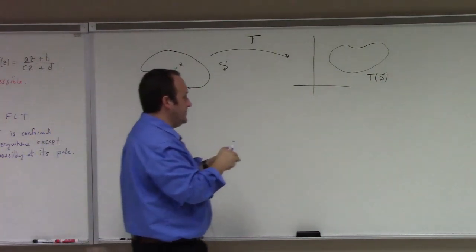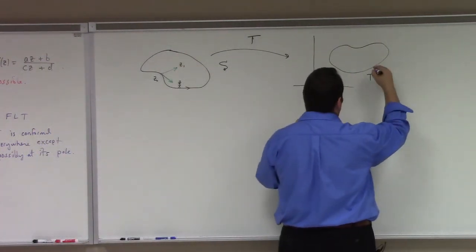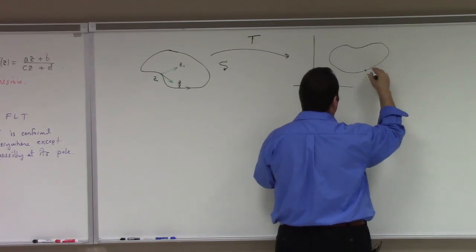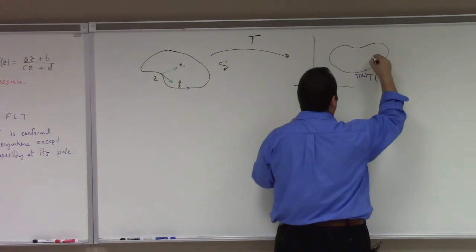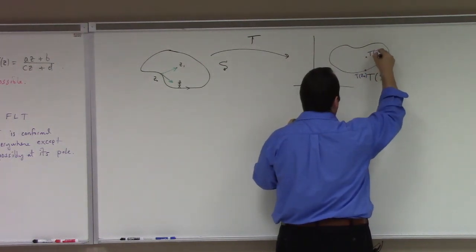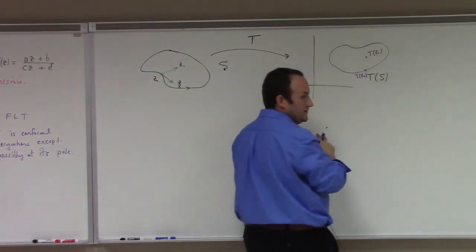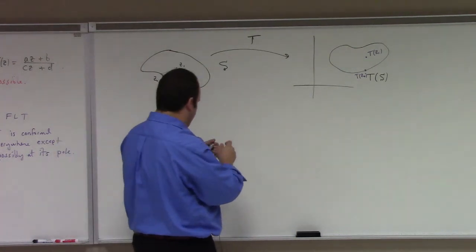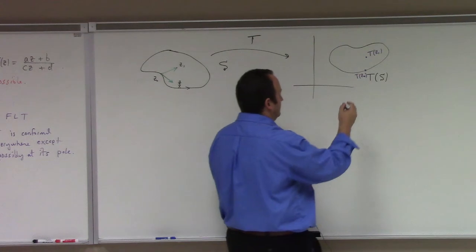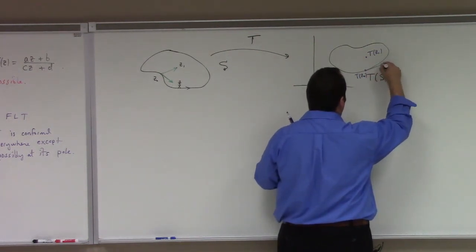And if you think about the image over here, suppose that this is T of Z0, and over here is T of Z1. This is just a heuristic, some kind of intuitive argument.